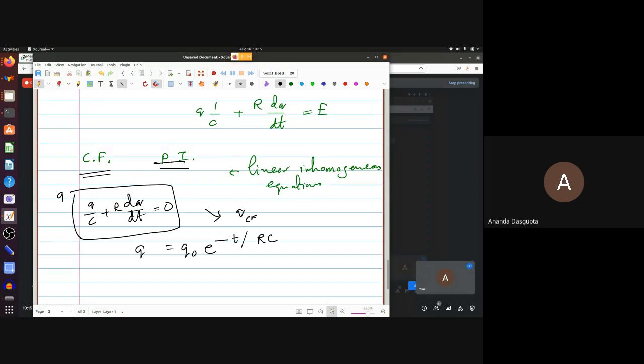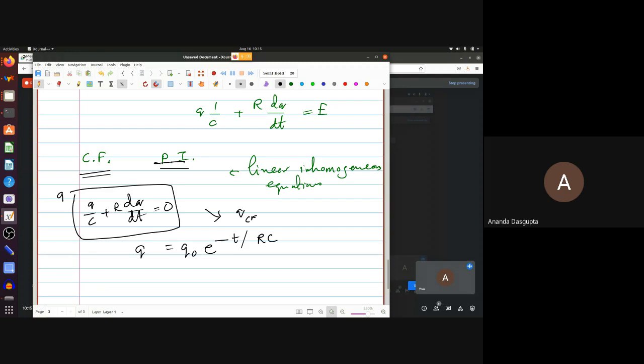In any circuit which has a resistive behavior, which has some kind of dissipation, this complementary function will actually die down. It will just be some kind of damped oscillation or damped decay, as in this case. And in the long run, you will not have the complementary function any longer. You will just have the particular integral left, which is why the particular integral, the kind that we have written down here, is what is called the steady state solution.